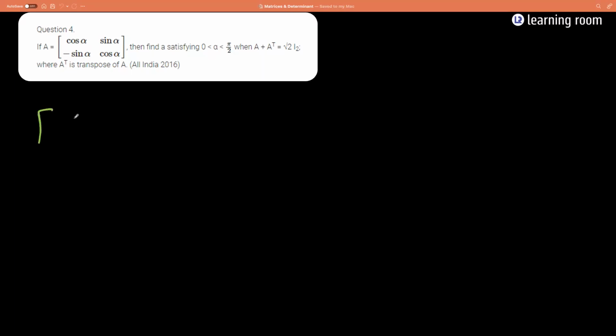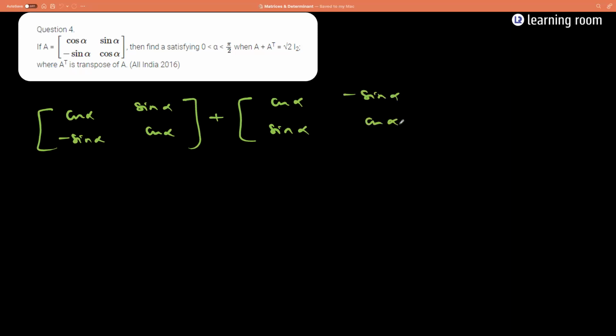So A plus A transpose: [cos alpha, sin alpha; -sin alpha, cos alpha] plus its transpose is equal to root 2 times the identity, or I can write [root 2, 0; 0, root 2].